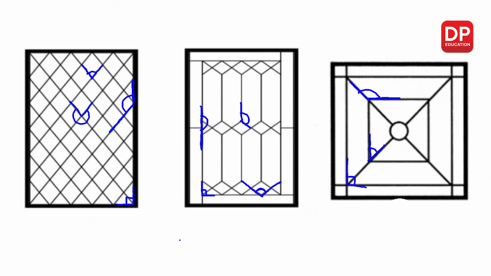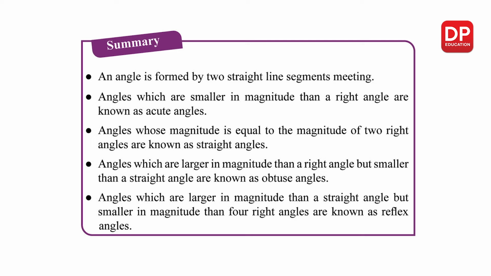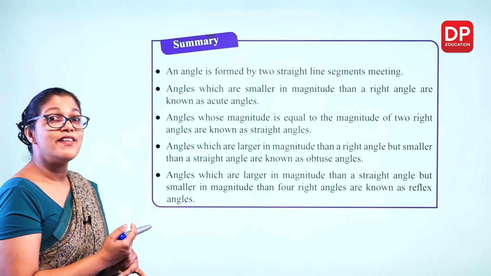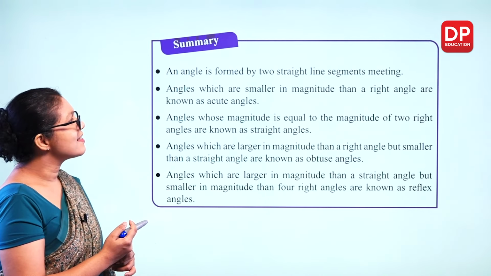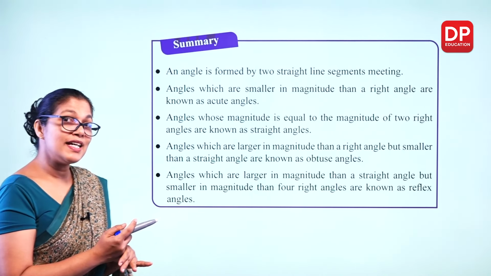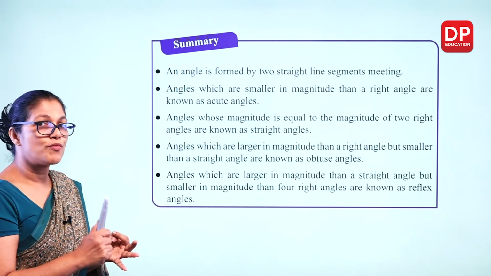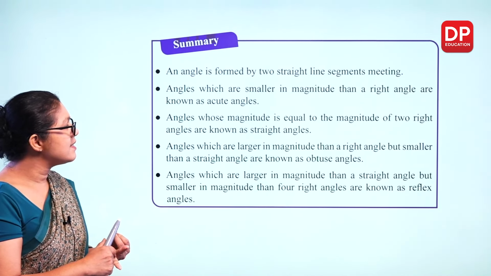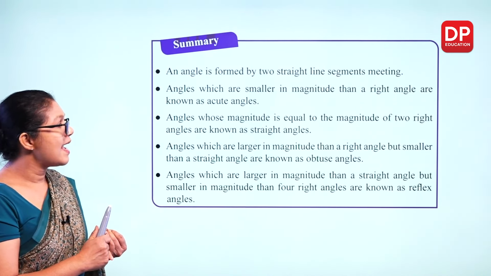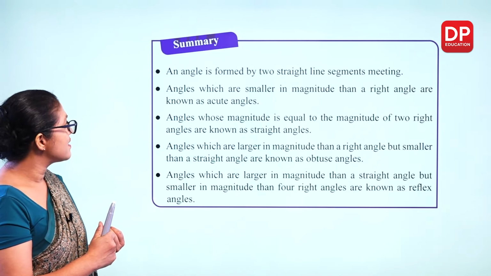So observe carefully in the environment. You see all types of angles. So we completed all theory related to angles. What are the angles we learnt? We learnt about acute angles, obtuse angles, right angles, reflex angles and straight angles.